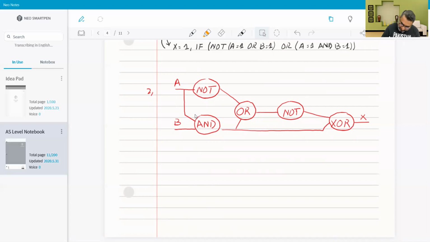So NOT gate, AND gate, OR gate, another NOT gate, and then we have got exclusive OR gate.